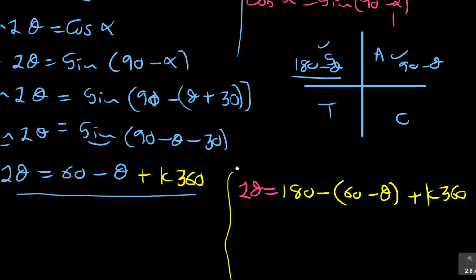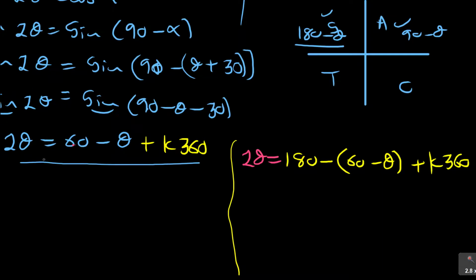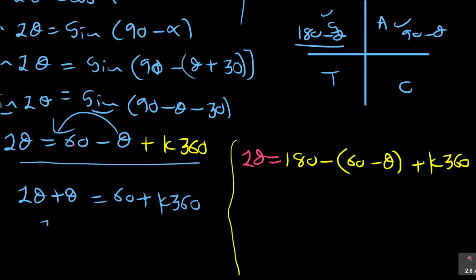Okay, but I look at this in more detail in my videos, guys. So here I've got 2 theta. Take theta to the other side, it will become plus theta, you see, is equal to 60 plus k 360. There, 3 theta, because it's theta plus theta, 1 plus 1, 2 plus 1, is equal to 60 plus k 360.